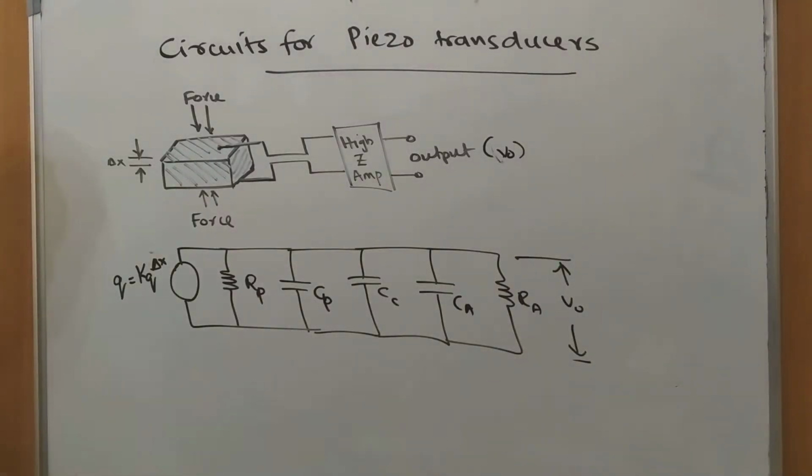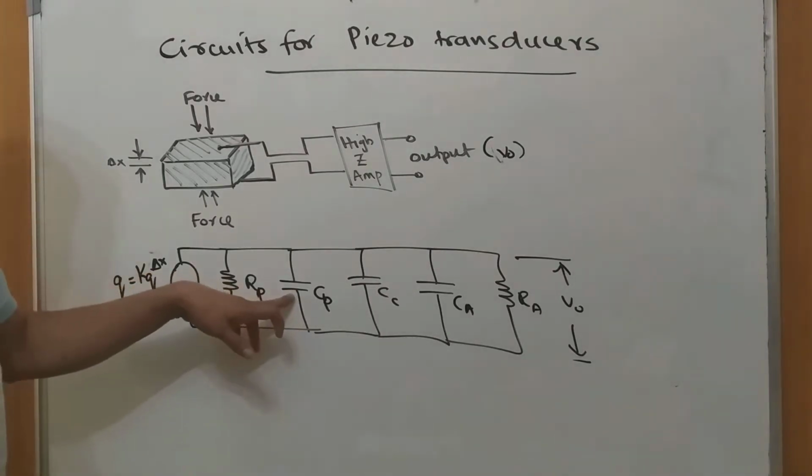Now, if we see the equivalent diagram of the above circuit, this is a model which uses the charge model, where the charge equivalent to the transducer is represented as Q is equal to KQ into delta x, where delta x is the corresponding displacement, and RP is the leakage resistance, which we already discussed in the last class.